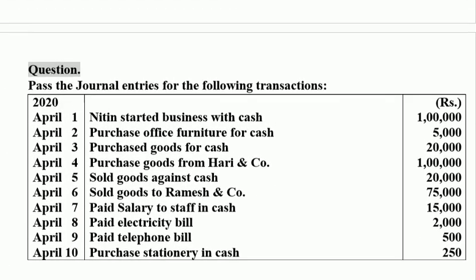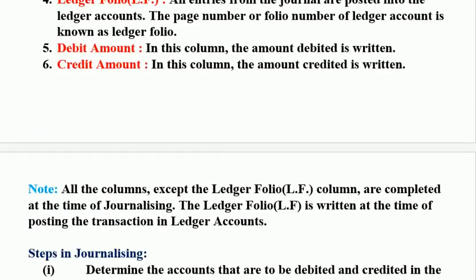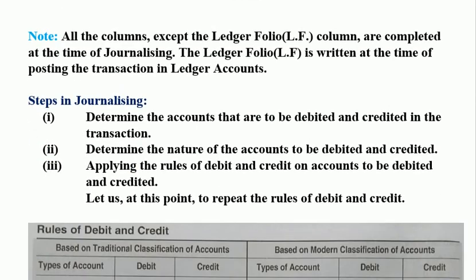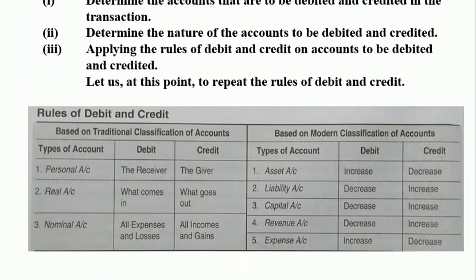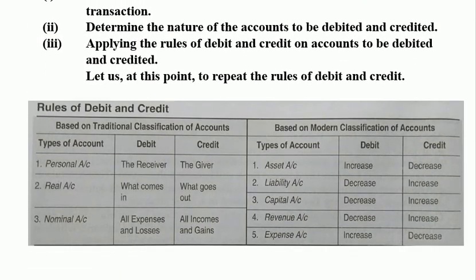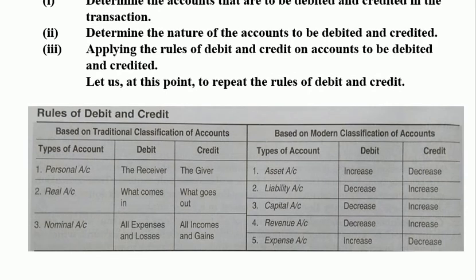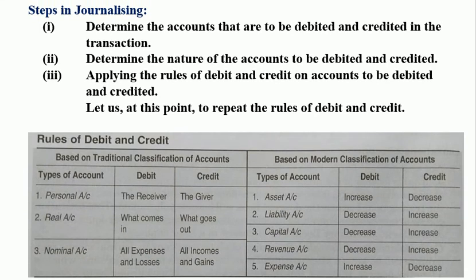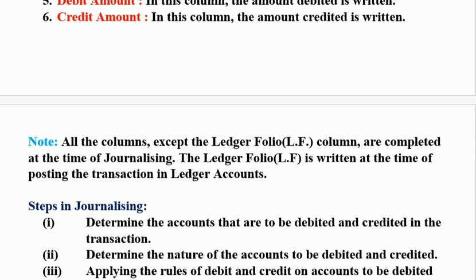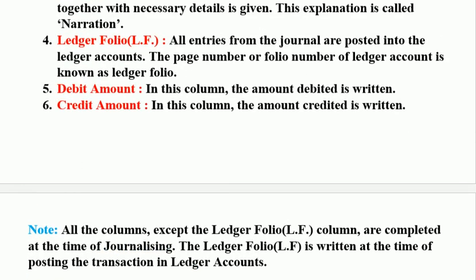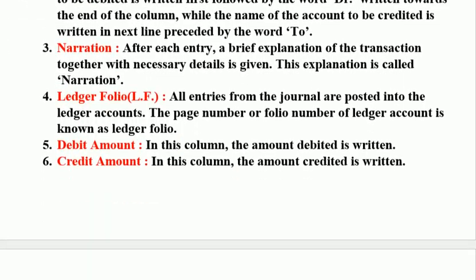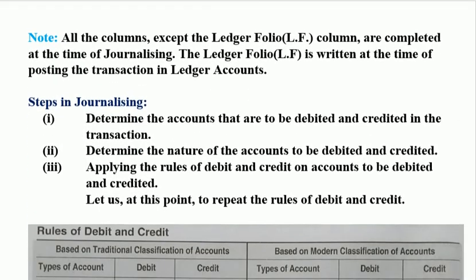This is clear to you, and we have already discussed the meaning of journal, format of journal, and steps of journal, and again we have discussed the rules of debit and credit. Please learn these rules of debit and credit, if you haven't learned, and with these rules, do practice of all these questions, and I will provide the assignment to you all in our next class.